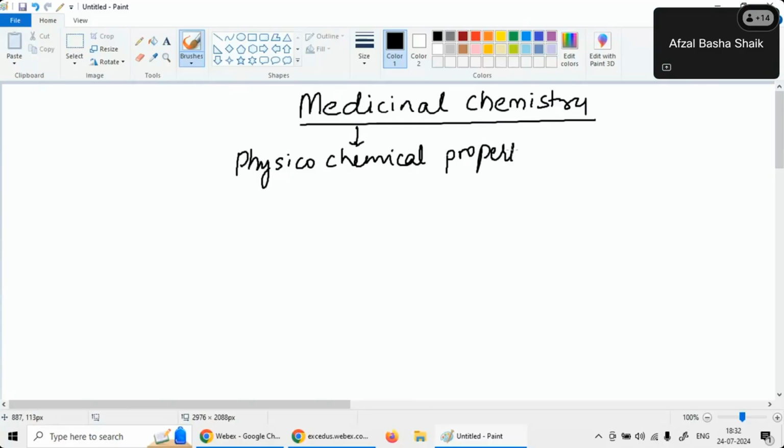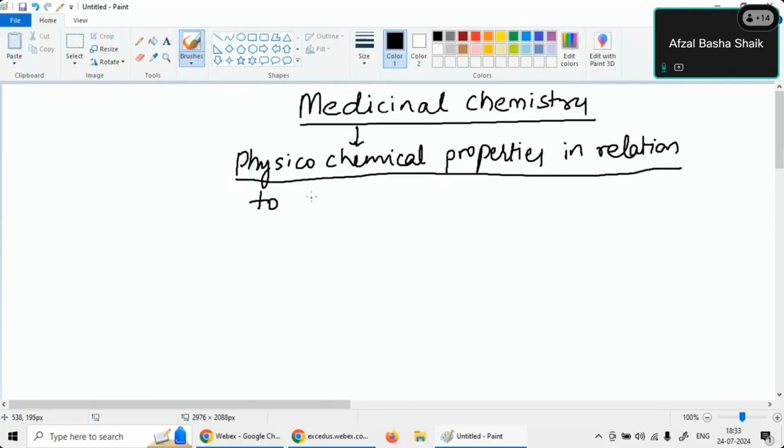Physicochemical properties in relation to biological activity.